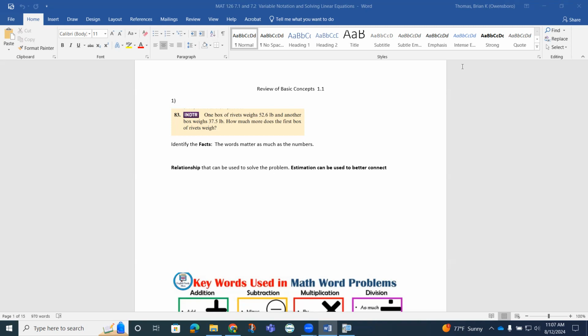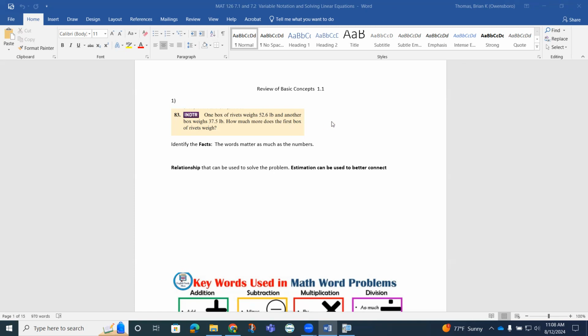So we have one box of rivets that weighs 52.6 pounds, and another box weighs 37.5 pounds. How much more does the first box of rivets weigh? So I read it through there, and notice that they're using abbreviations. Notice how they have LB as the abbreviation for pounds.